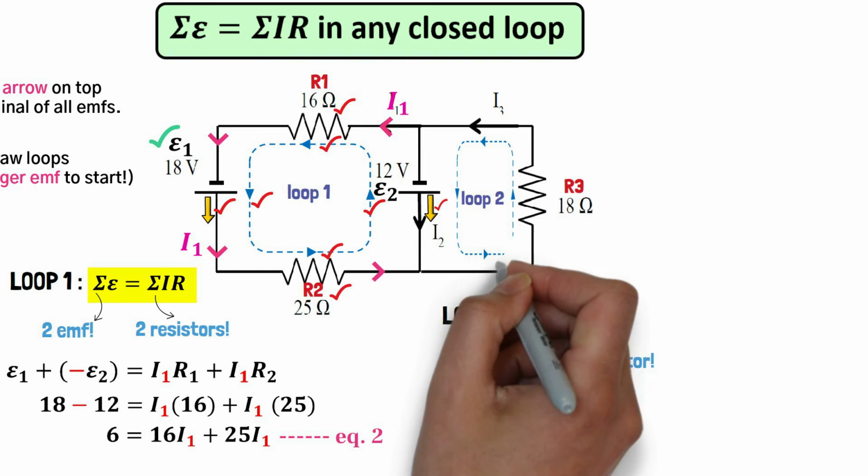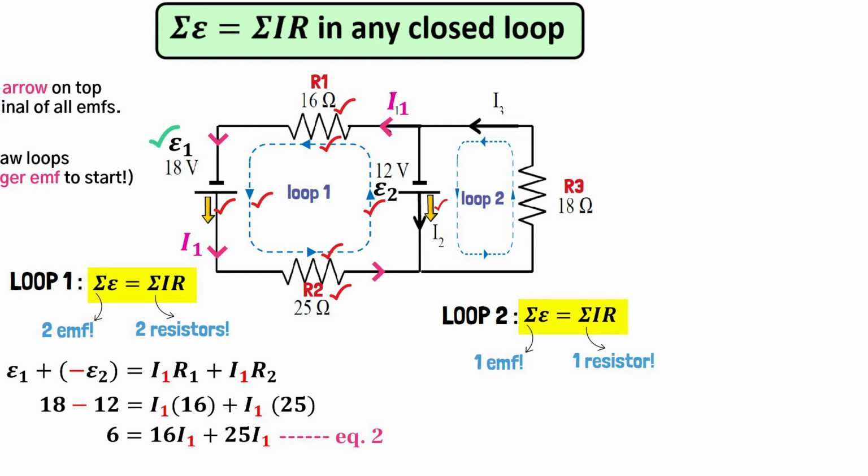Okay? Jadi, itu akan lebih memudahkan kita kerana nilai EMF 2 akan jadi positif sebab arrow yang berwarna kuning tadi dekat EMF 2 arahnya sama dengan arah loop yang kita lukis. Jadi, kita akan dapat positif 12 volt untuk EMF 2. Okay?